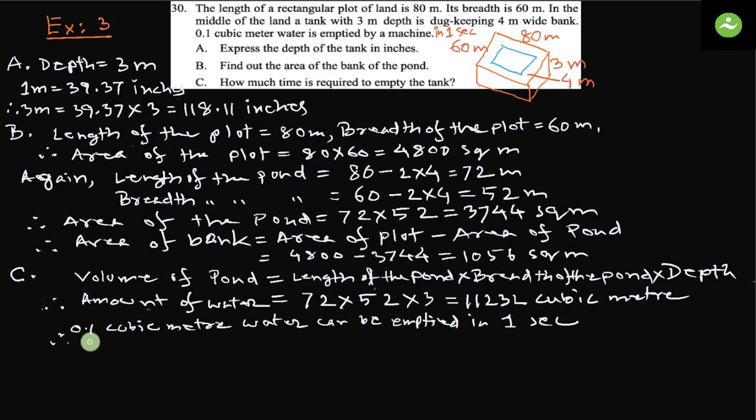Therefore, 1 cubic meter water can be emptied in 1 divided by 0.1 second.